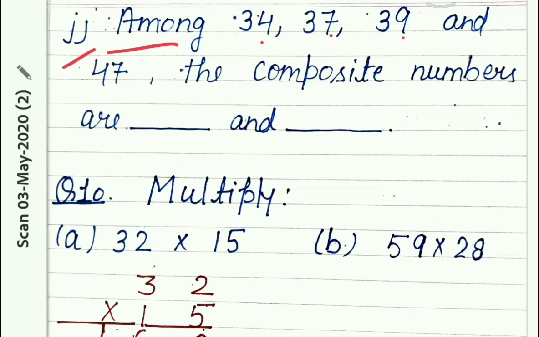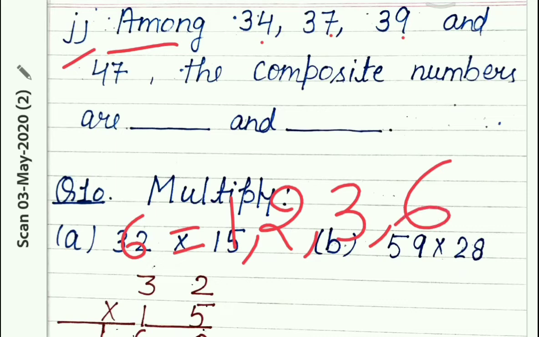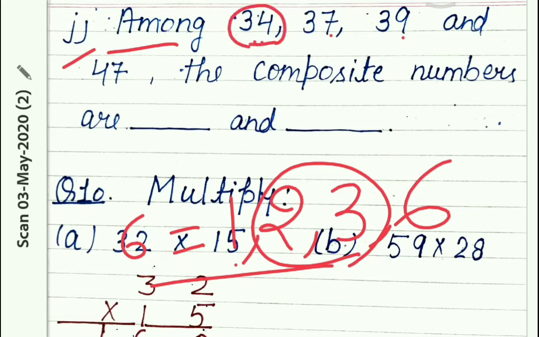Suppose the number 6 is given, it is divisible by 1, and also by 2 and 3, then 6 itself. It has other factors also, so it is a composite number. So here 34 is divisible by 2 also, 17 also. So it has more than one factor, so the first composite number will be 34. Then 37 is divisible by 1 and itself only, so it is a prime number.